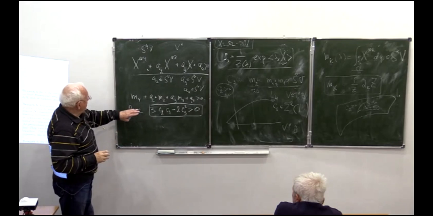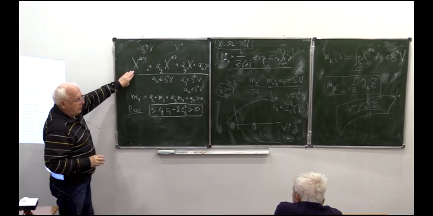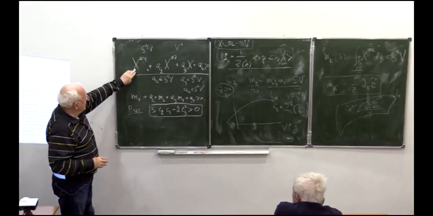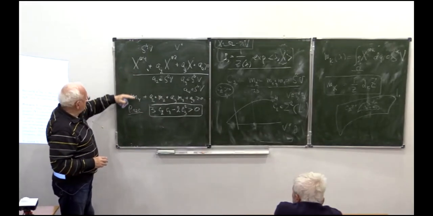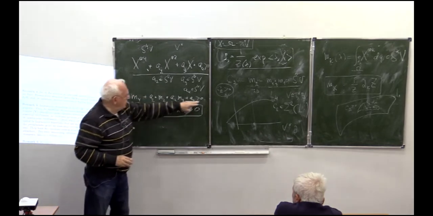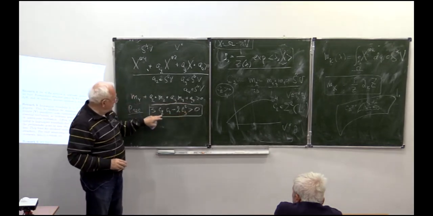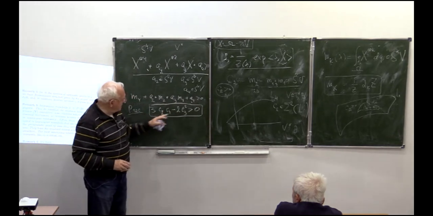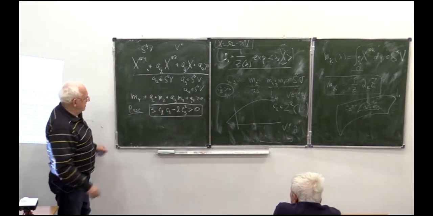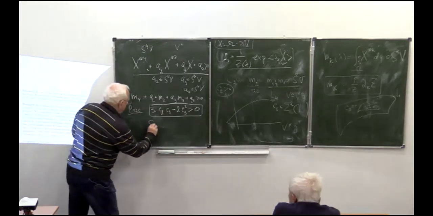So what is claimed? That if you take any positive polynomial of degree 4 in this vector x and take the mean of this, you will get this expression, and this will be positive also only if C2, C4, and C3 satisfy this condition. Central moments? Yes.